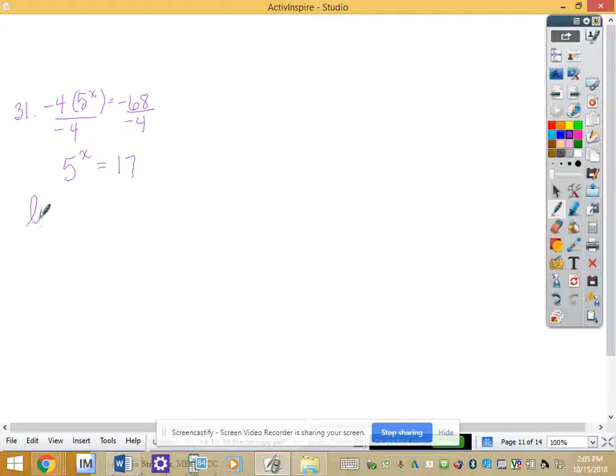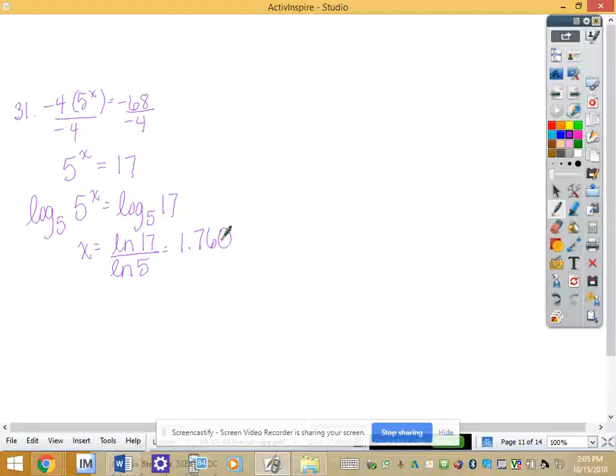Then you need to do the log of that base. So log base 5 of 17. Again, you're going to have to do a change of base. So that would be natural log of 17 over natural log of 5. And that's going to give you 1.760.